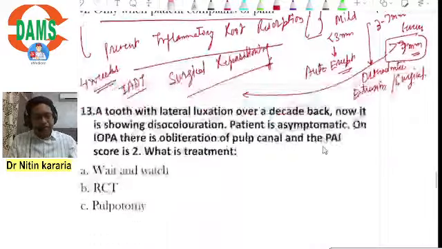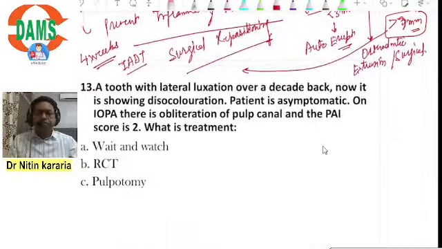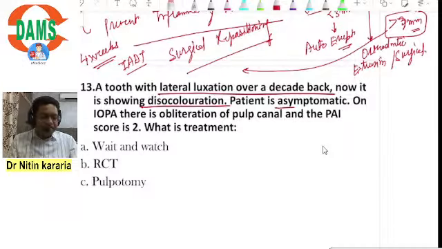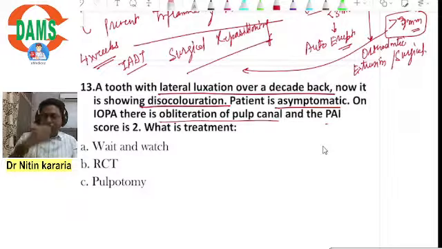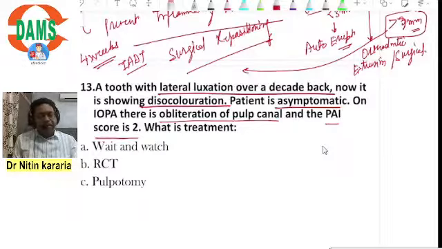Okay. Question number 13. A tooth with lateral luxation over a decade back. Now it is showing discoloration. The patient is asymptomatic. On IOPA there is obliteration of the pulp canal and the periapical index score is 2. What is the treatment? Okay, there are 3 things basically given. A long history of lateral luxation, tooth discoloration.